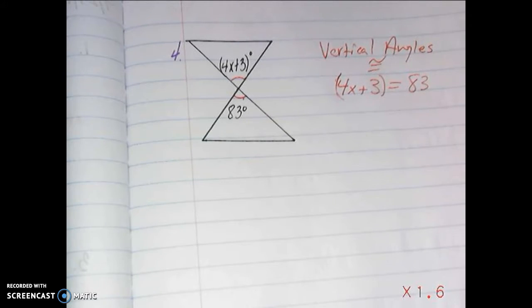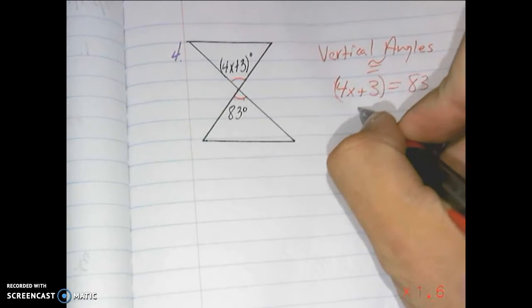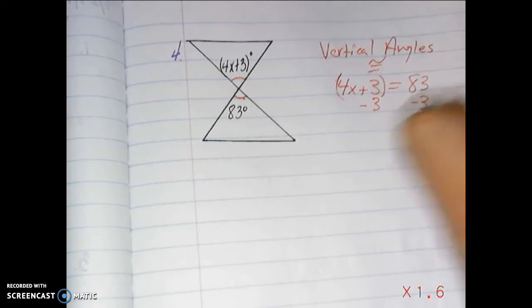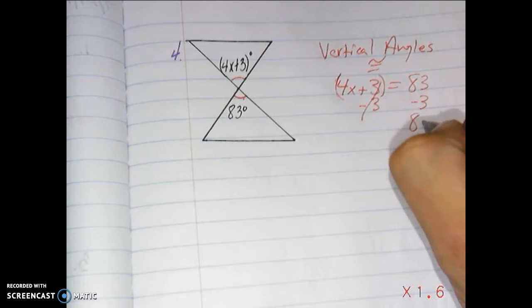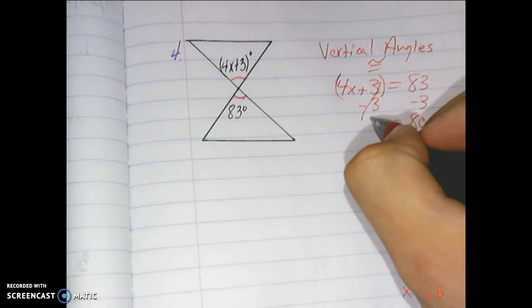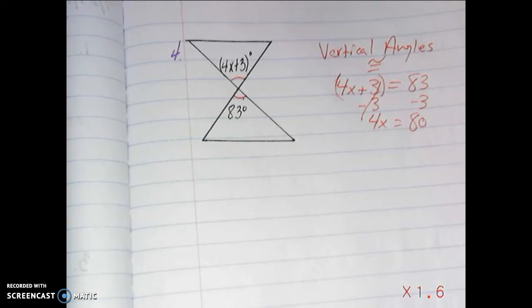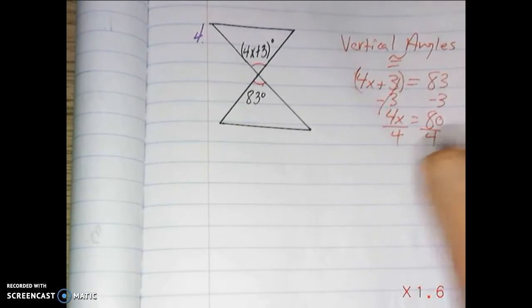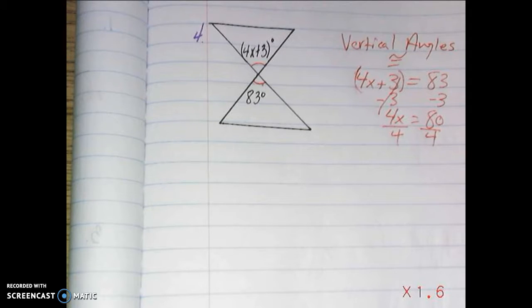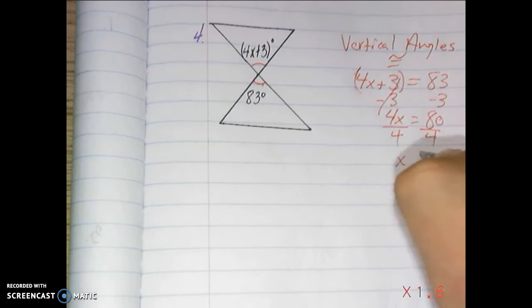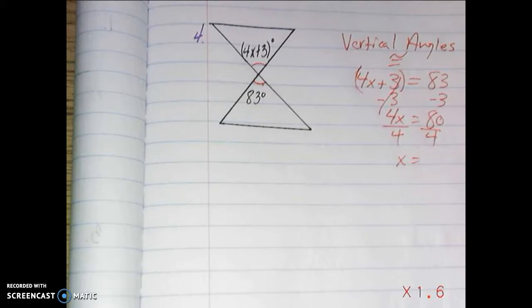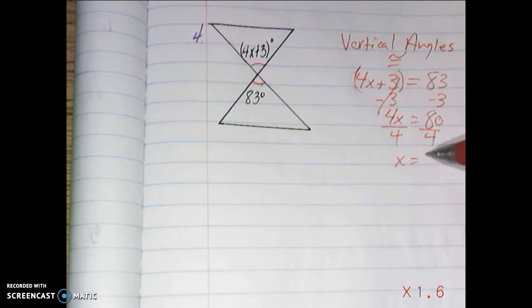Subtract the 3 from both sides to get 4x on its own. 3 cancels, and now we're down to 80. 4x equals 80, and the next step is to divide by 4. Next is x equals 80 divided by 4.